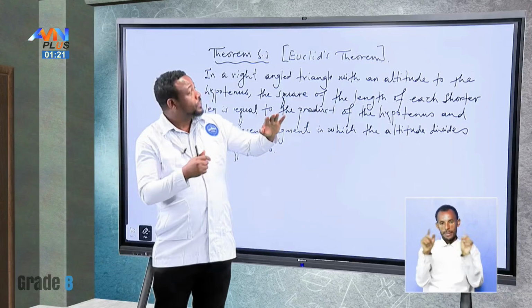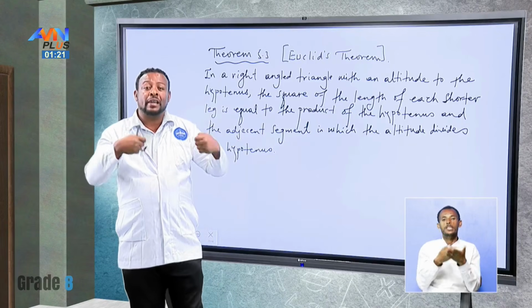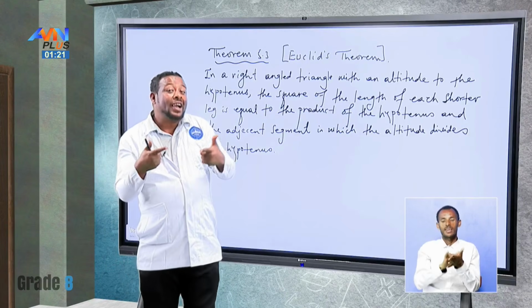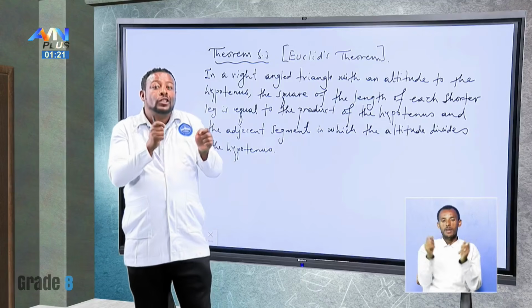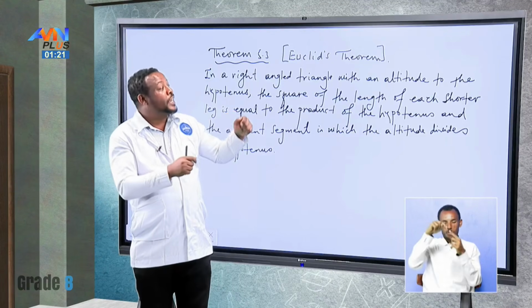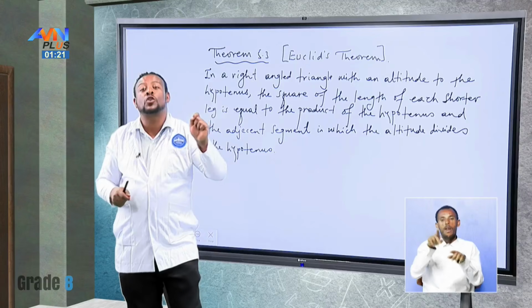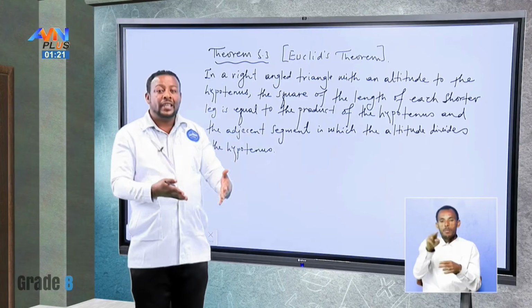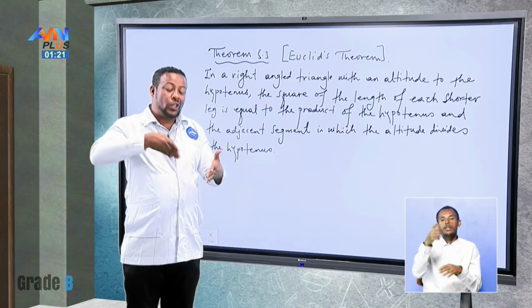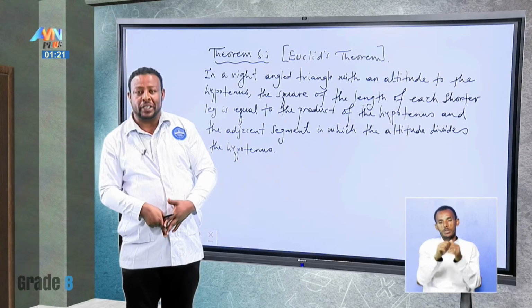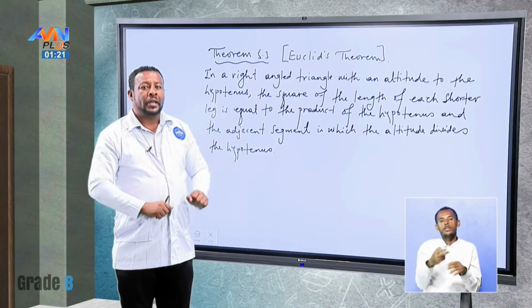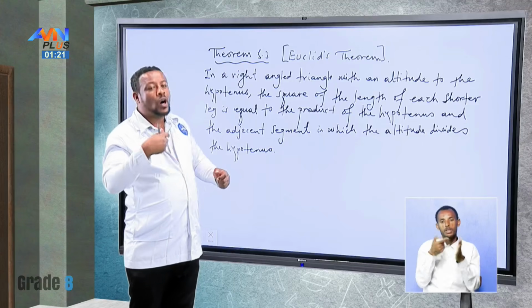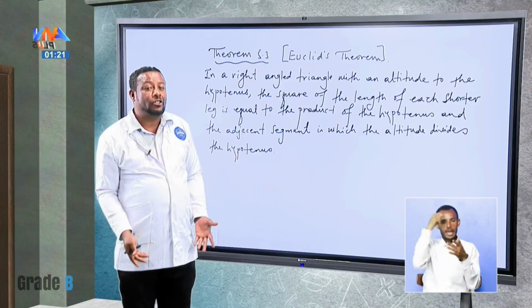But here, this Euclid theorem says, in a right-angled triangle with an altitude to the hypotenuse, the square of the length of each shorter leg is the product of the hypotenuse and the adjacent segment into which the altitude divides the hypotenuse. Don't worry, I will show you how this theorem looks geometrically.